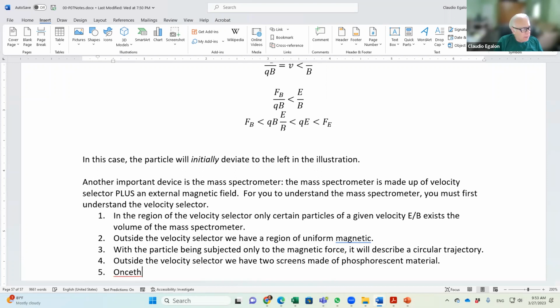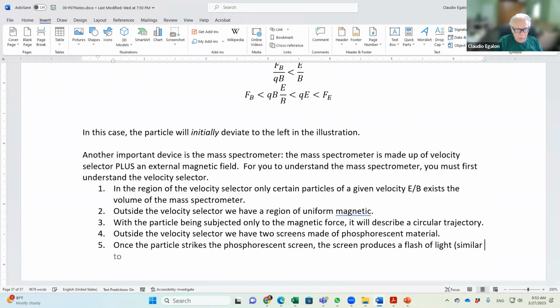Once the particle strikes the phosphorescent screen, the screen produces a flash of light, similar to the northern lights, that can be seen with the naked eye.